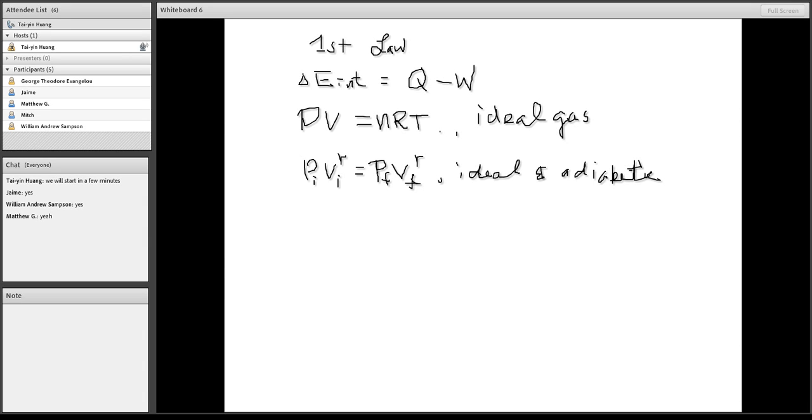So when we talk about a cycle or the PV diagram, you have all kinds of processes. You need to know a couple of processes that you often encounter. Let's say a constant volume process. When you read constant volume, it means that work is zero.